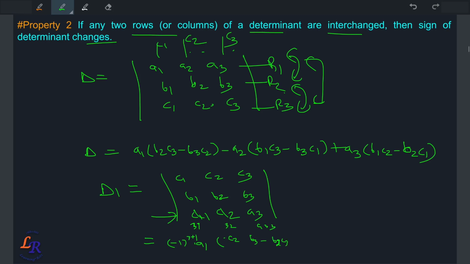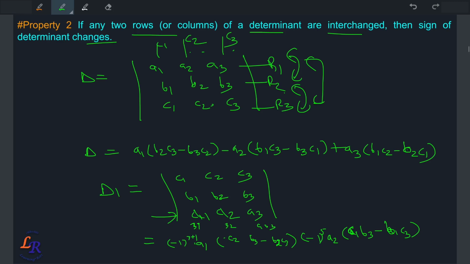Similarly, for the next element, minus 1 to the power 5, multiplied with A2, and leaving this row and column, we get B1 C3 minus B3 C1.